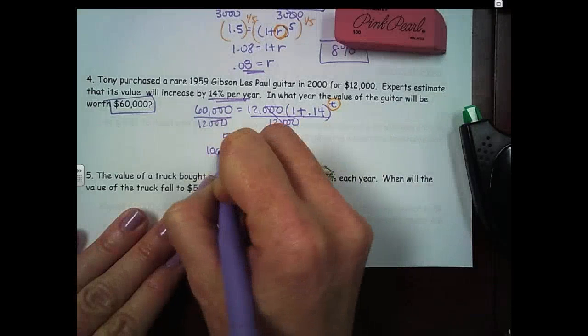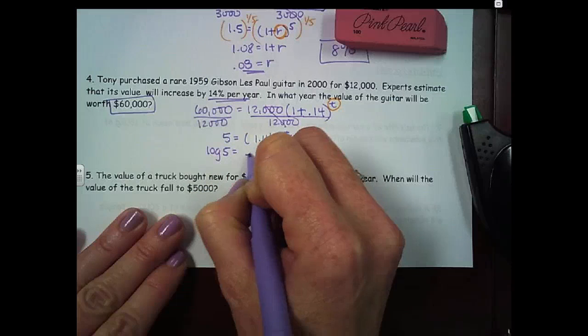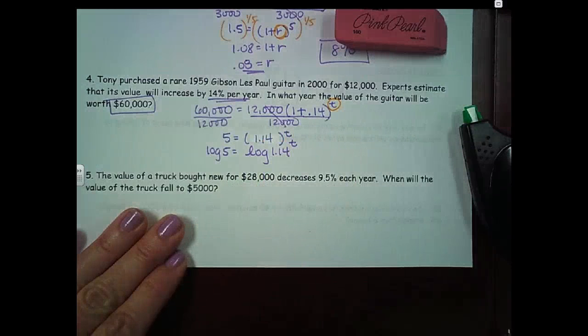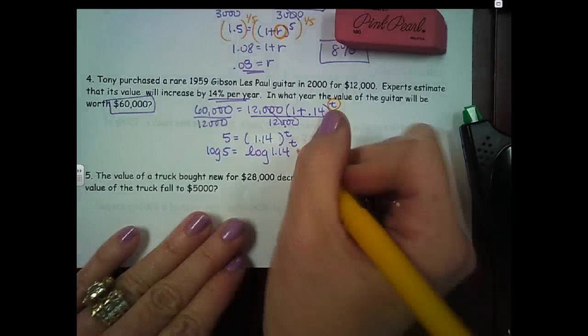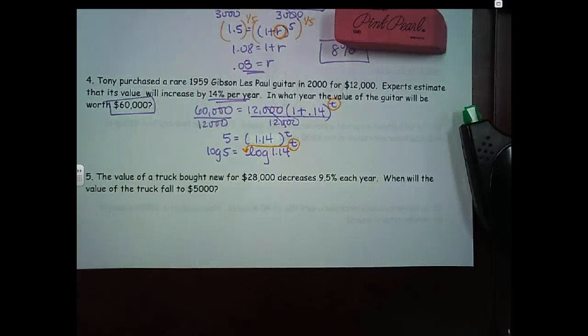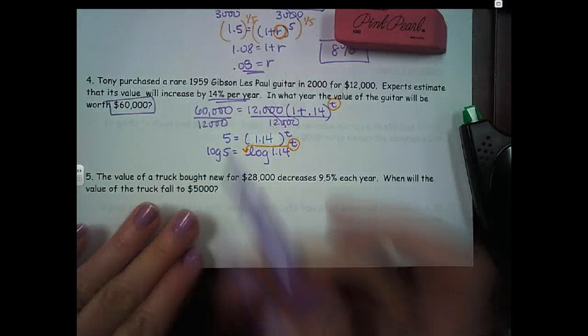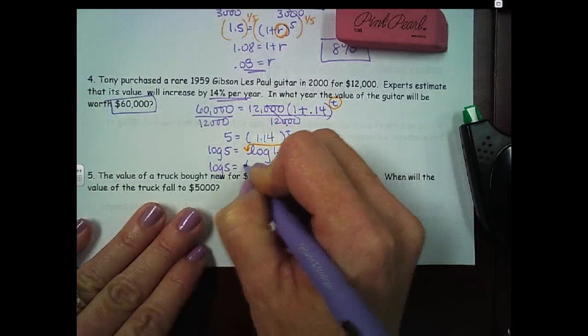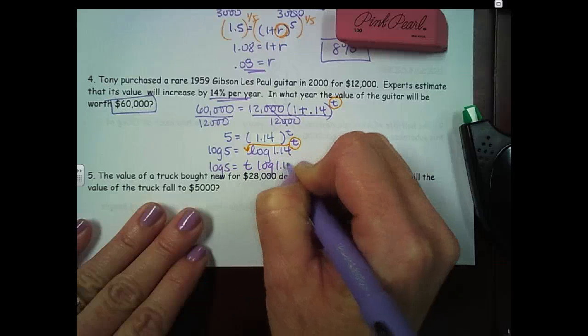If you take log of 5 and you take log of 1.14 to the t power, what happens to this t? What can I do with it? It pushes it to the front. Now I know we're not used to having the variable on the right side, but the idea is the same. So I have log of 5 equals t times the log of 1.14.